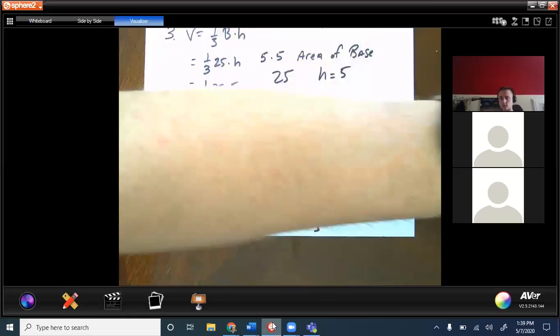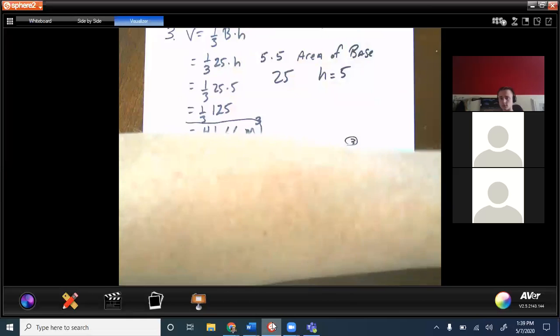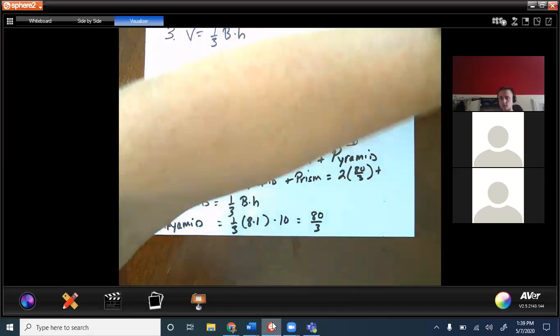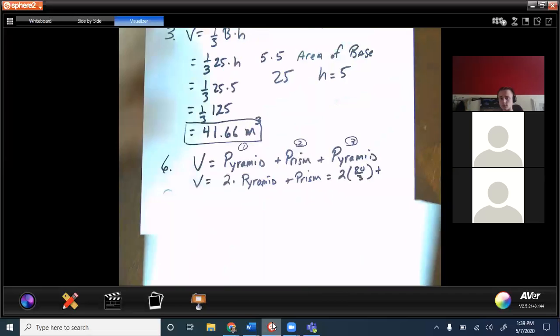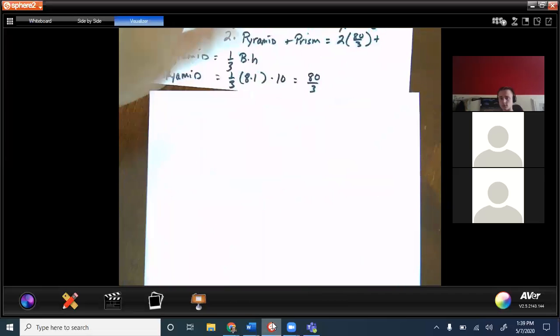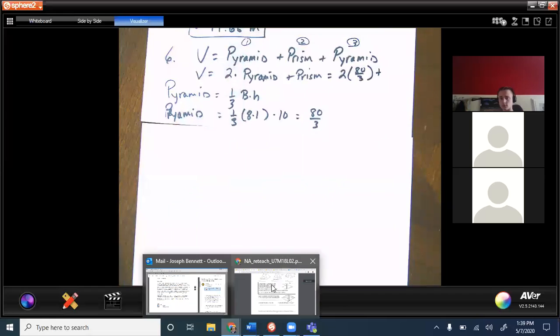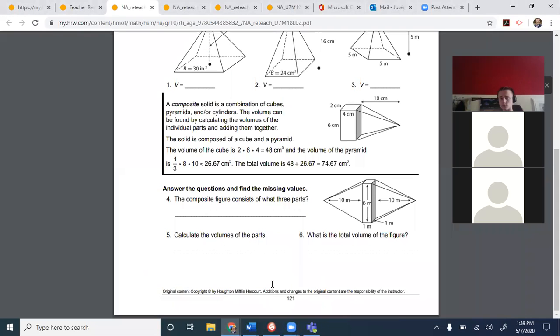You get another sheet of paper. The prism is just that little block that's in between the two pyramids. Okay, so that little block is a prism, volume of prism, is the area of the base times the height.